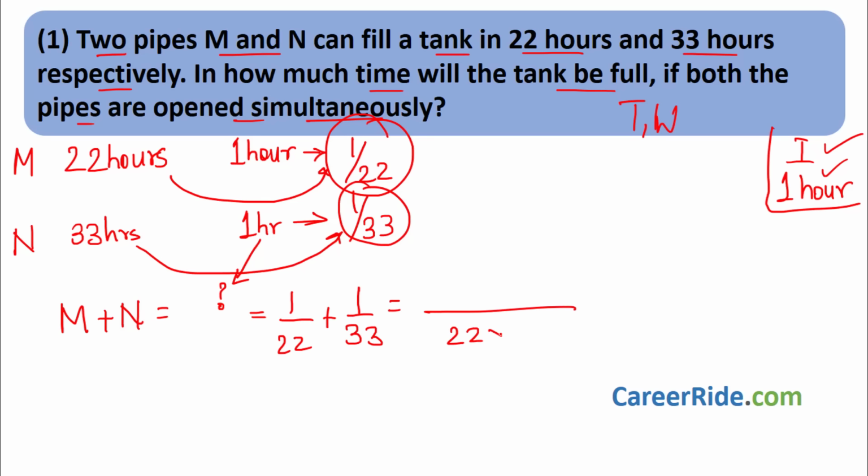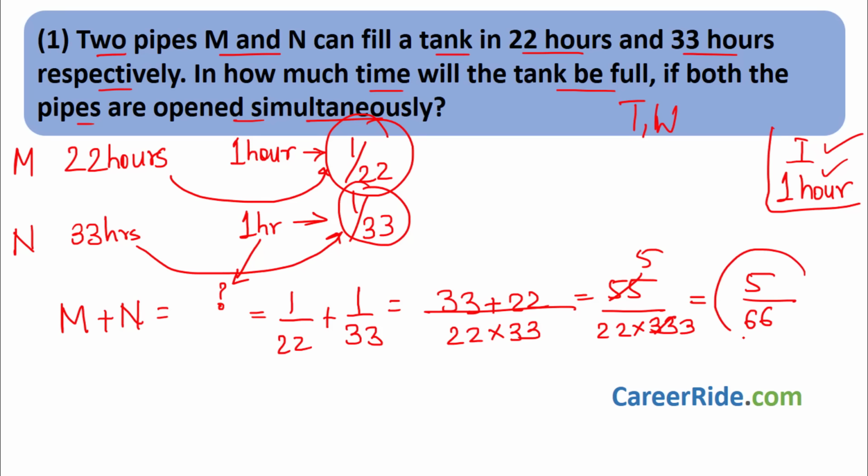We'll have 22 into 33. This is 33 plus 22. We'll have 55 upon 22 into 33. 11 fives are 55, 11 threes are 33. So that would be 5 upon 66. This is the amount of work done by M and N together in just 1 hour.